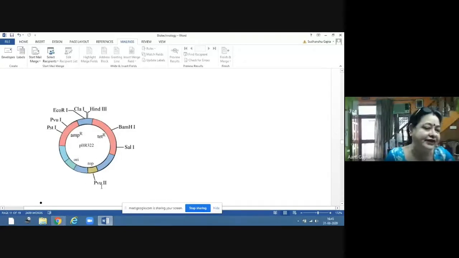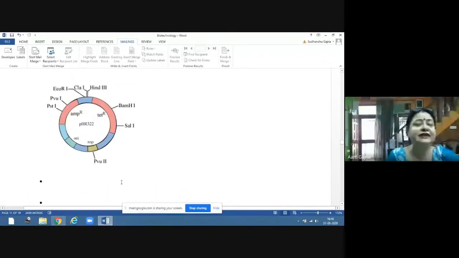So if we see the structure of vector pBR322, it has 8 restriction enzyme sites. Then it has 1 gene for ampicillin resistance. It has a gene for tetracycline resistance. It has the origin of replication, and it has ROP. So these are the components which are present in a vector.